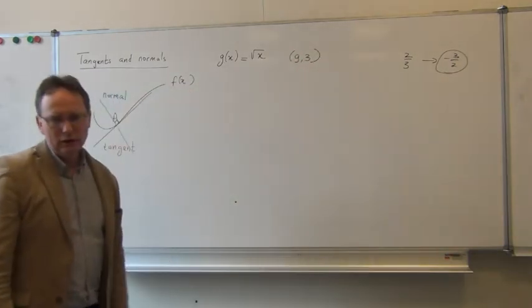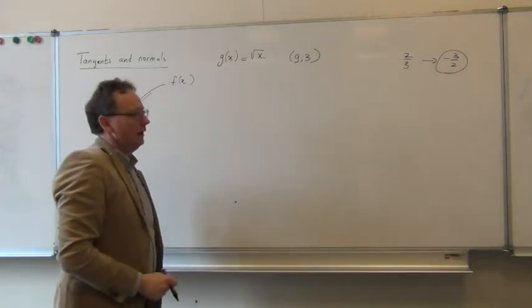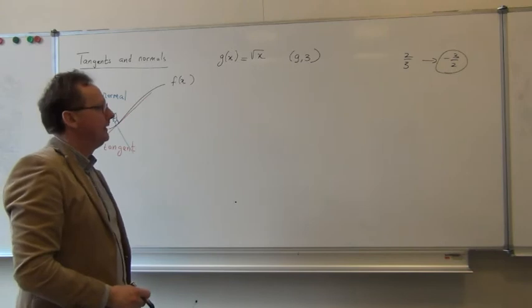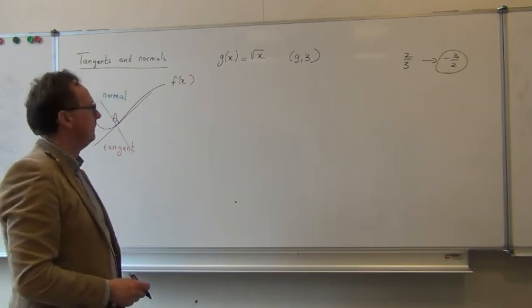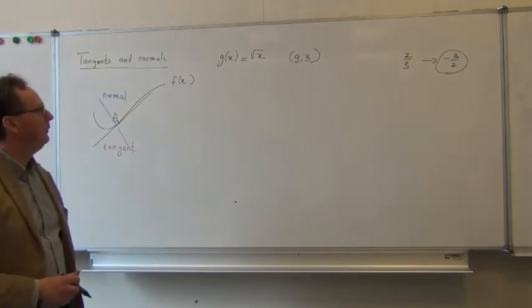We can easily check that's a point on the curve. If you take x is 9, the y is root 9, which is 3. And we're looking for the equation of the normal. Well, like in the previous example, we'll first need the derivative.